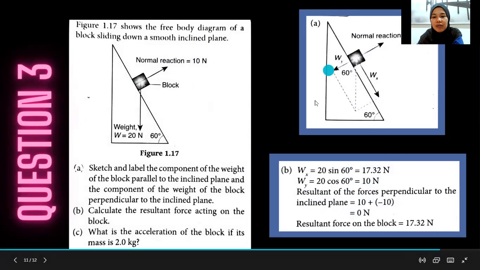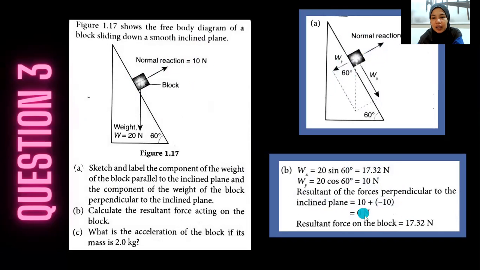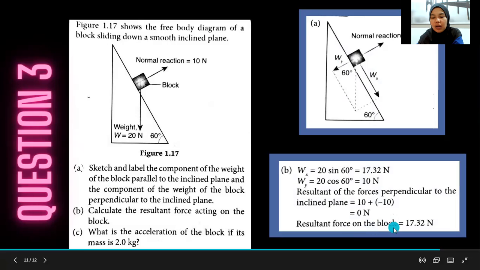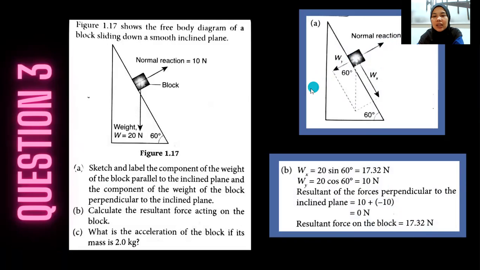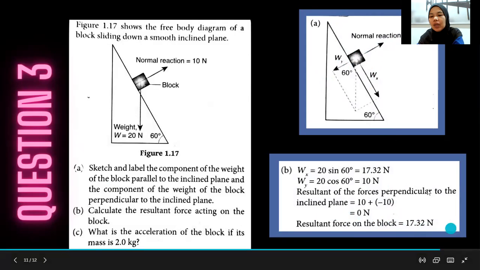Different directions, we consider positive and negative. Resultant force on the block, the component in y-axis is equal to 0. There is no frictional force, so Wx is equal to the total force in the x-axis. So the resultant force on the block is equal to 17.32.